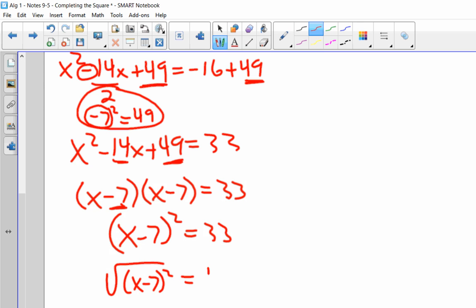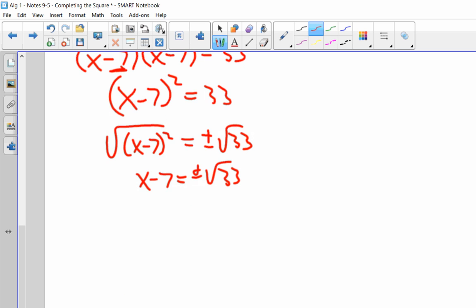It's plus or minus the square root of this number. When I take the square root left-hand side, it just leaves me with what's inside of it. And then I'm solving it for x, which means in this case I have to add 7 to both sides, but I can't add 7 to the square root of 33. I just have to write that.